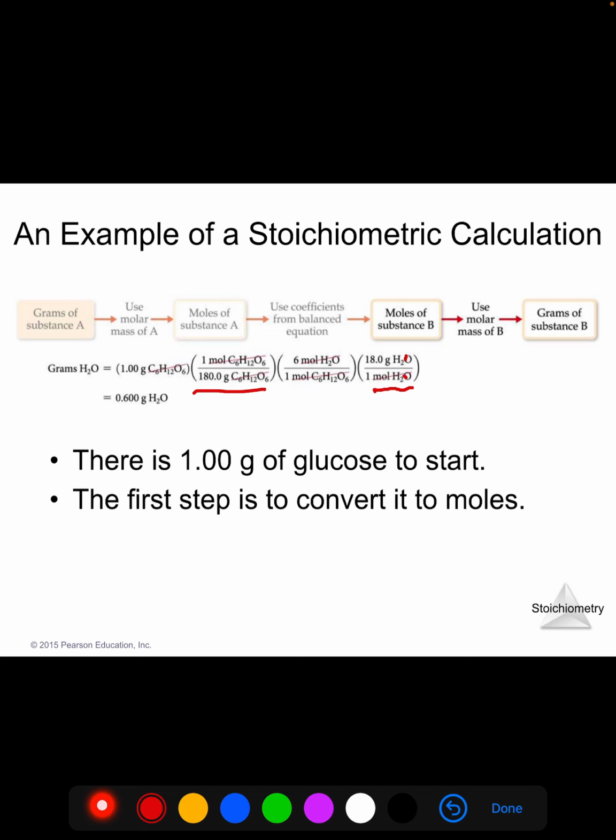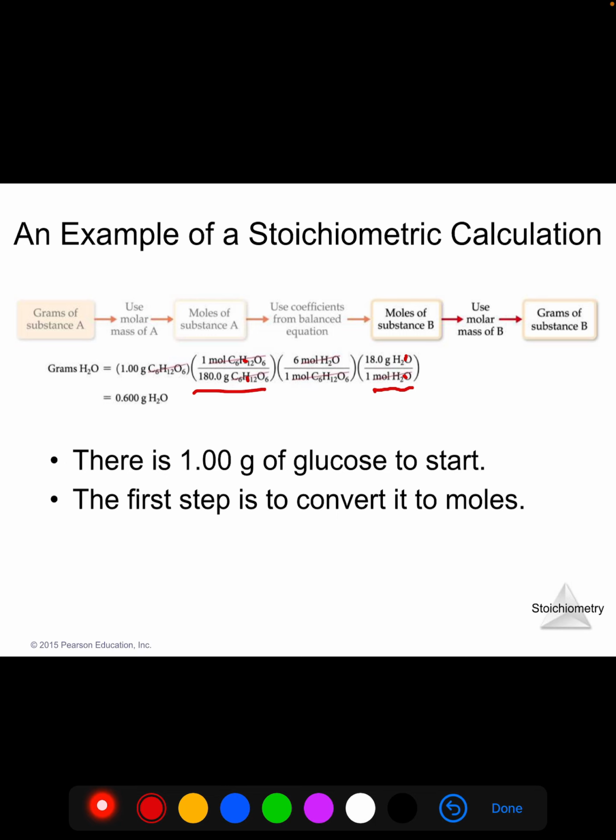So it's 1 over 1. I'm just using this method to get to the units I desire. And here, of course, 1 mole of glucose is equal to 180 grams of glucose. Again, it's 1 over 1.